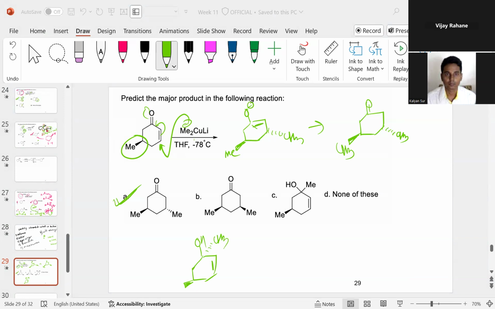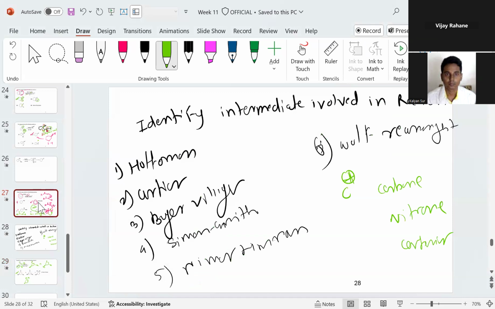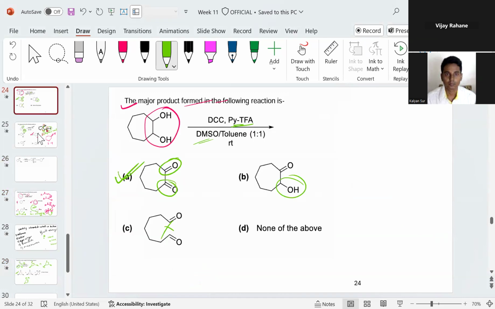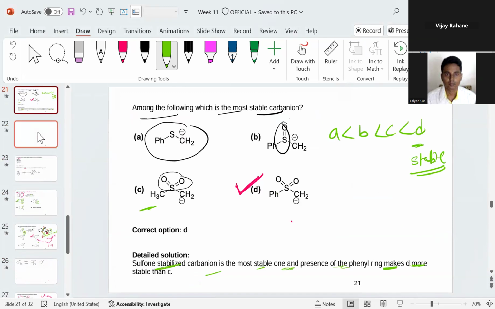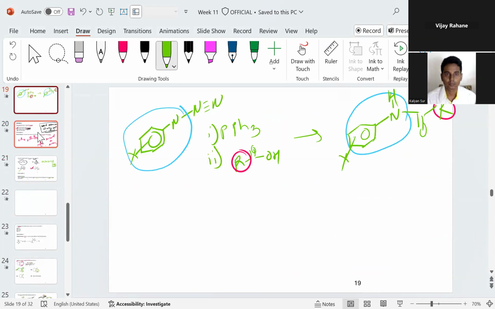We have already discussed this question taking acidification by acid. I will just go to the question. I think, yeah, this is the question, right?